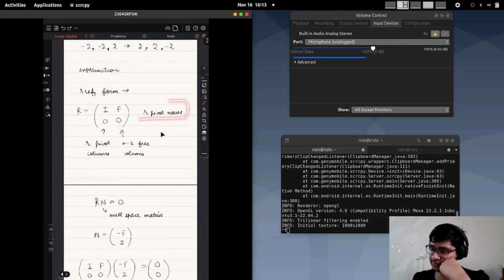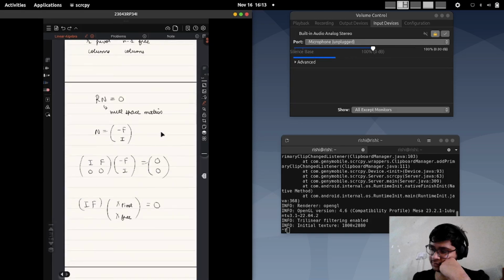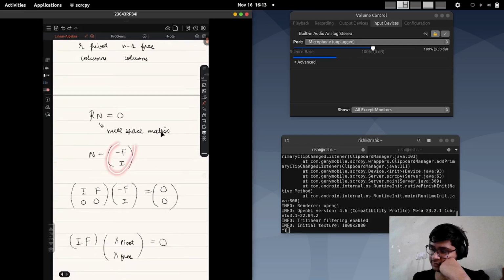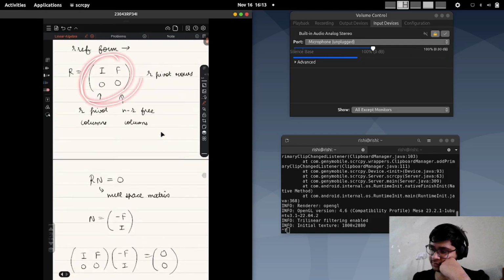There are r pivot columns, we know that, and n minus r free columns, where r is the rank. So this is the row reduced echelon form R, and we will multiply it with some null matrix, and we will get 0. We know that. So the null matrix will always be minus F and I, because if R is [I F; 0 0], we multiply this with minus F and I to get a 0 matrix.